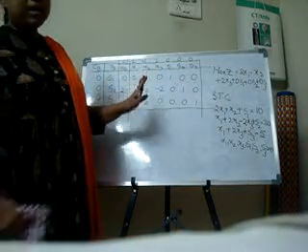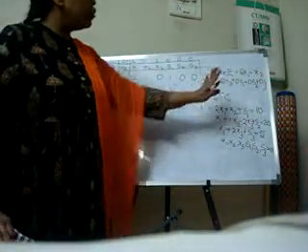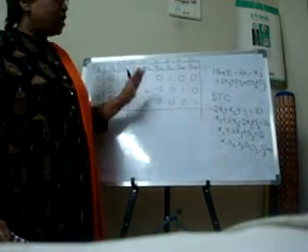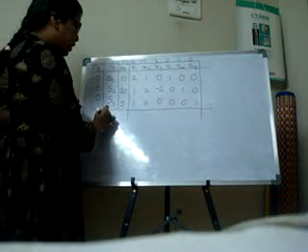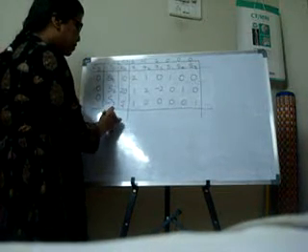Now this table has nothing new in it. Whatever is there in your problem is what we have written, and this is in a matrix form. We will perform some matrix operations here and solve the linear programming problem by simplex method. Now, we have to find out Zj minus Cj.